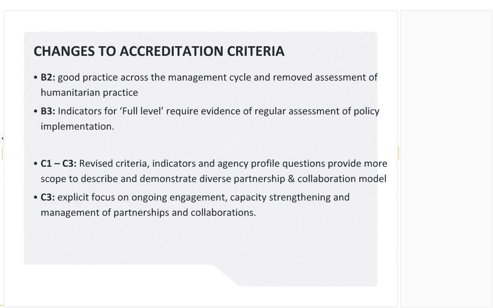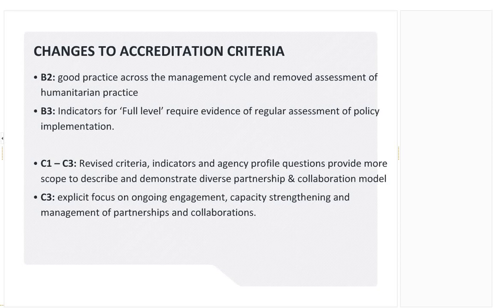C3 is an important one for organisations to register because this one has been finessed to place a strong emphasis on Australian NGOs demonstrating that they both understand the capacity of their partners and respond to the performance of their partners in program design, delivery and implementation of policy requirements.